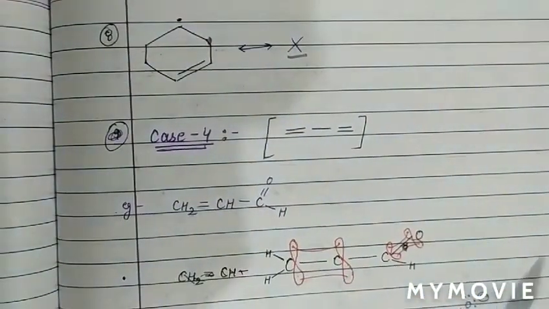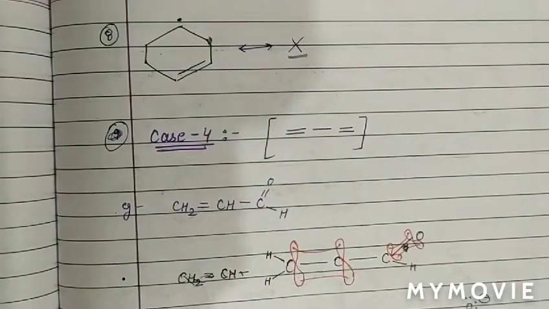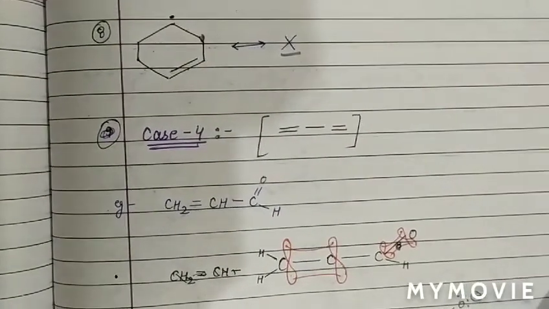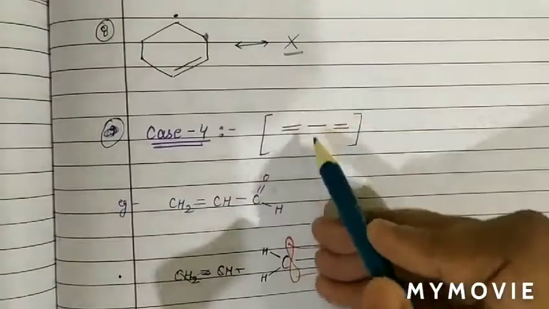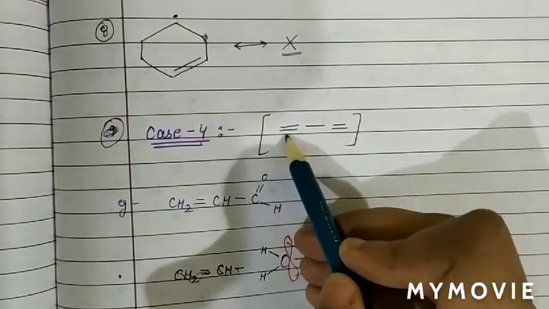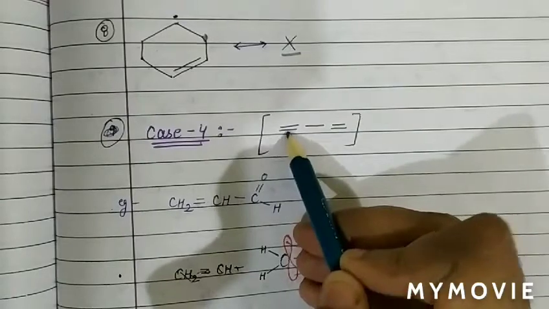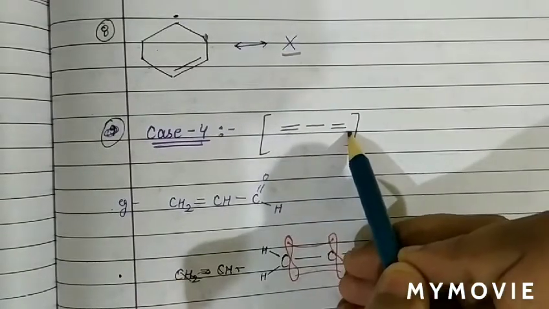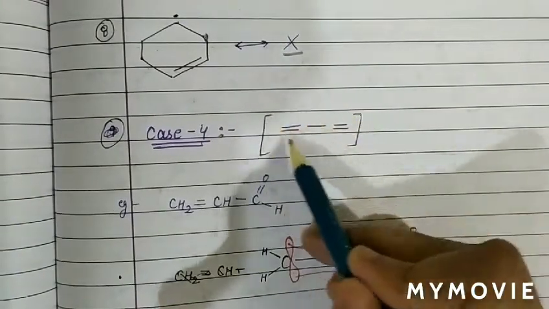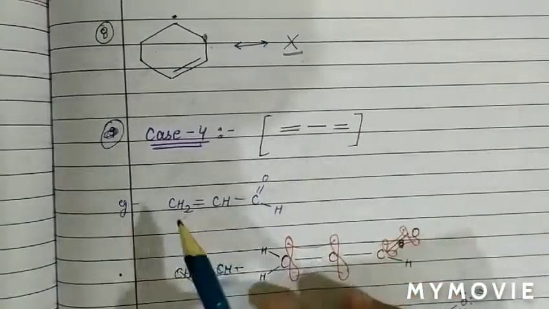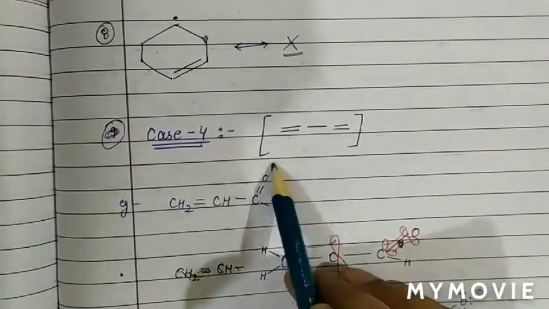Now see case number 4. In case number 4, resonance is there when the pi bond is separated by a sigma bond. So pi bond, single bond, and then again pi bond. So this is also another type of conjugated system. For example, we can see CH2=CH-CHO.